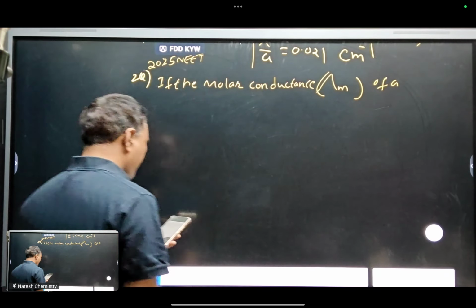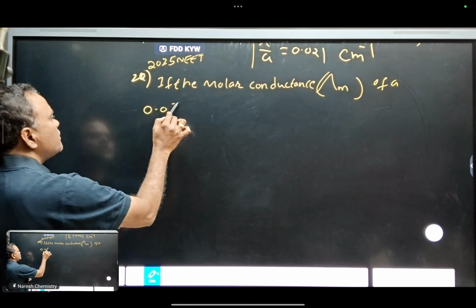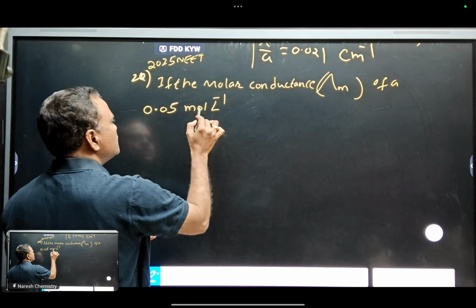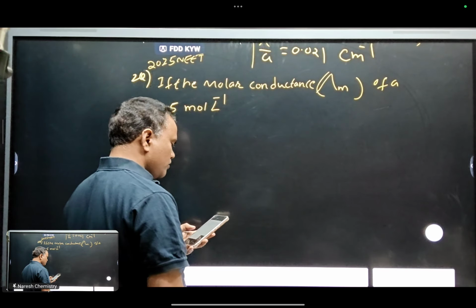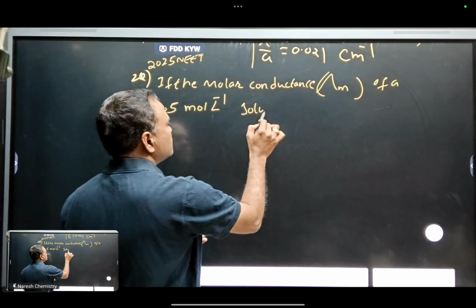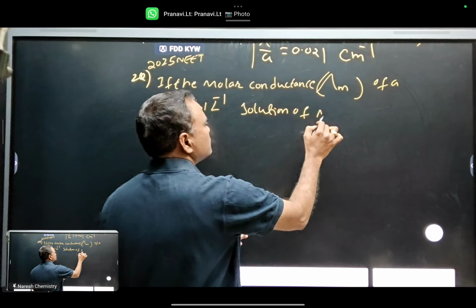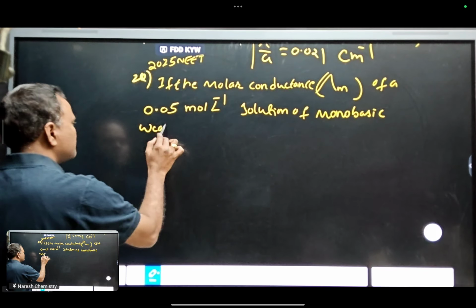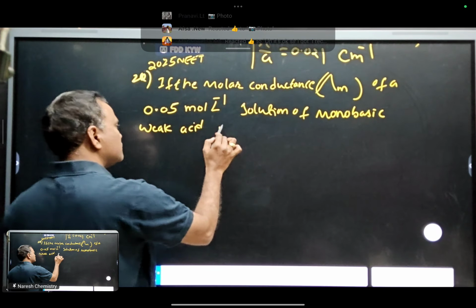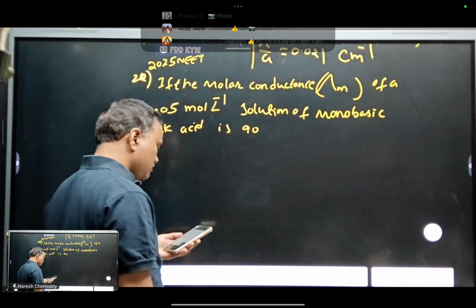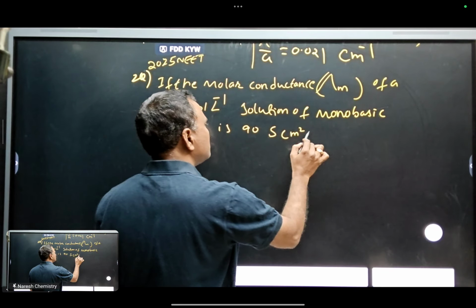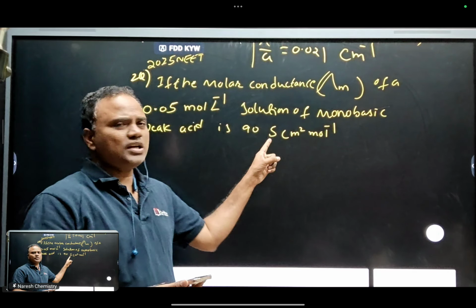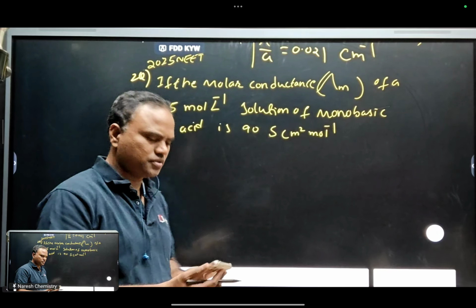The molar conductance of a 0.05 mole liter inverse solution of a monobasic weak acid is 90 Siemens centimeter square mole inverse. These are the units of molar conductance. Siemens means ohm inverse, so ohm inverse centimeter square mole inverse.